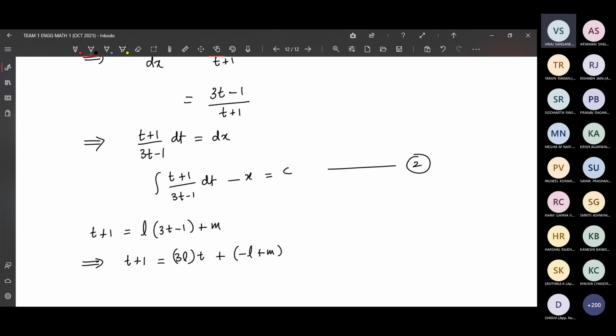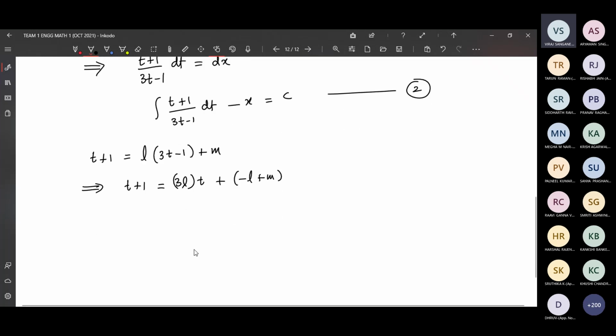Because I just want to compare the coefficient of t and the constant, this is one of the methods. You can follow anything because integration you are well aware of. There is no issue.